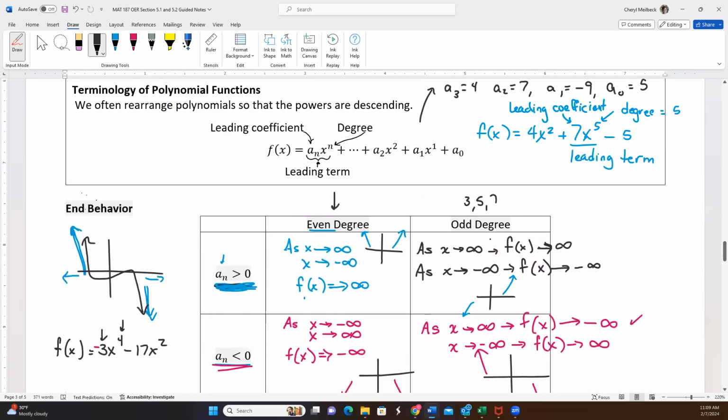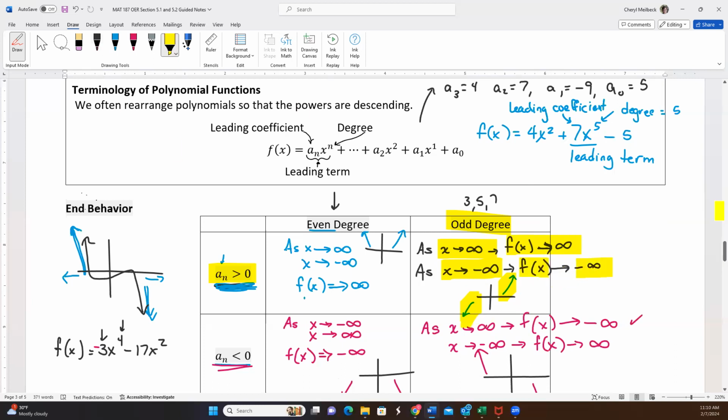We have an odd degree function, and the lead coefficient is positive. So what that means is our end behavior is going to look like that. As x approaches infinity to the right, my y value approaches infinity and goes up. And as x approaches negative infinity, my y value will approach negative infinity.